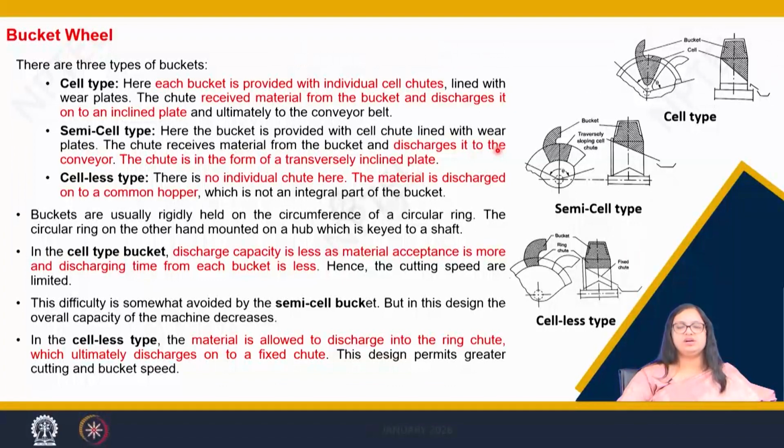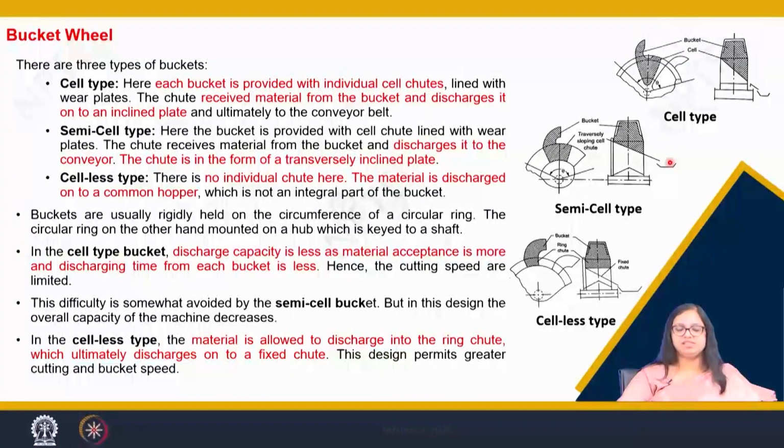In this semi-cell type of bucket, as you can see, there is a transversely sloping cell chute. At the bottom of the bucket there is a cut, so when the bucket gets filled, the complete material gets transferred onto an inclined plane, and this is discharged directly onto a conveyor.